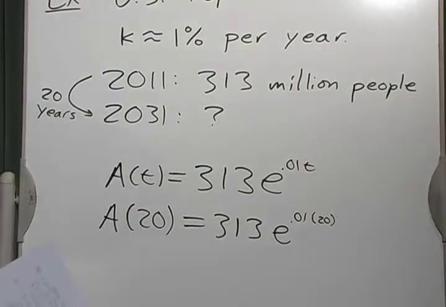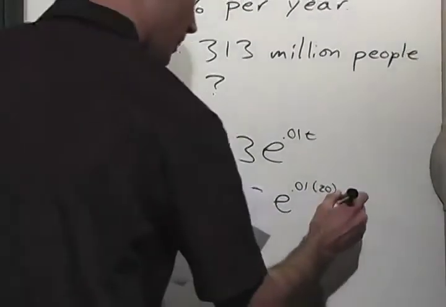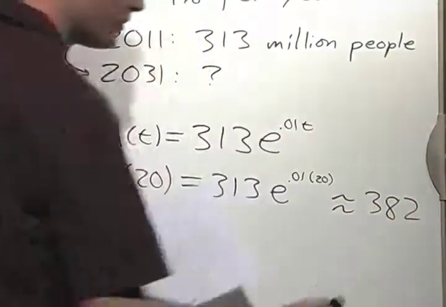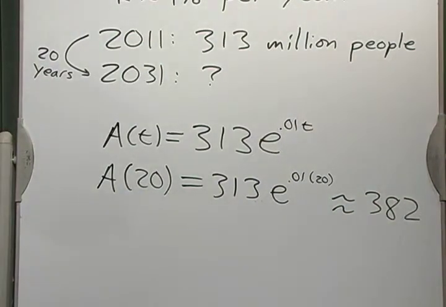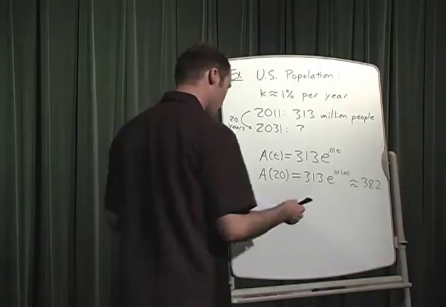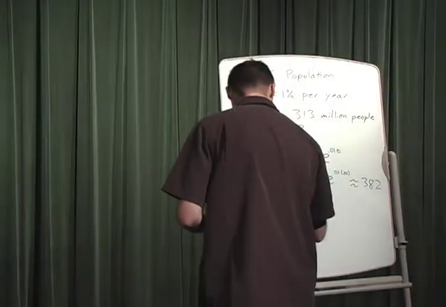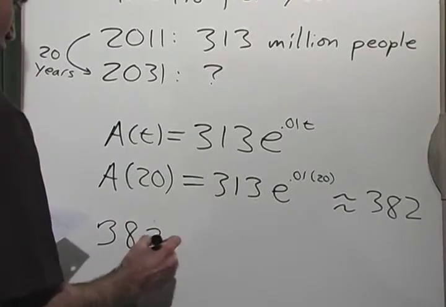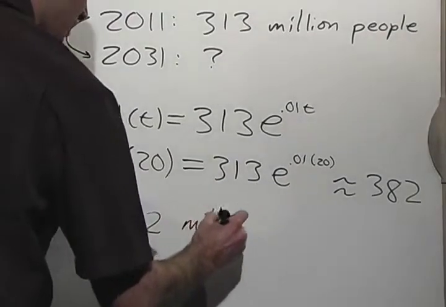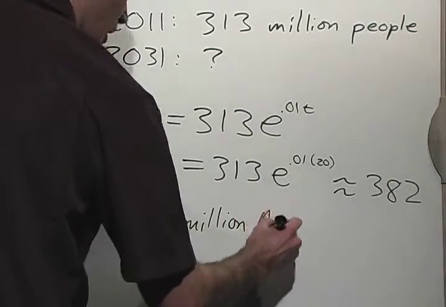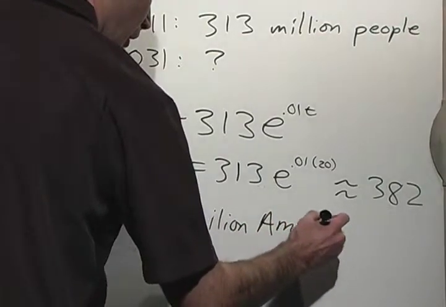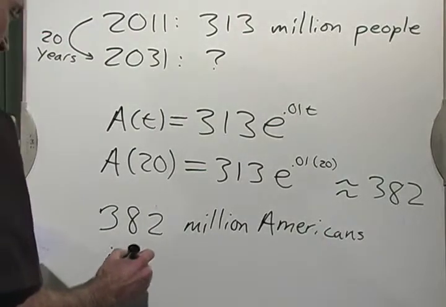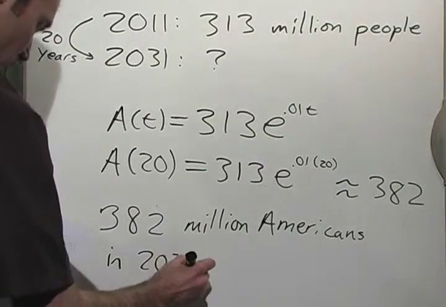Plugging this into the calculator gives me approximately 382. Since my units are in millions of people, my final answer is that I project that there will be about 382 million Americans in the year 2031.